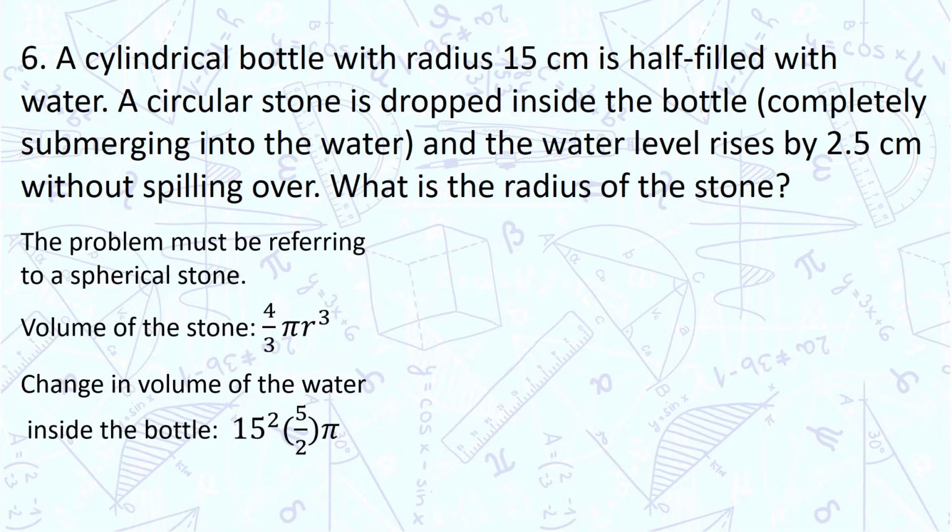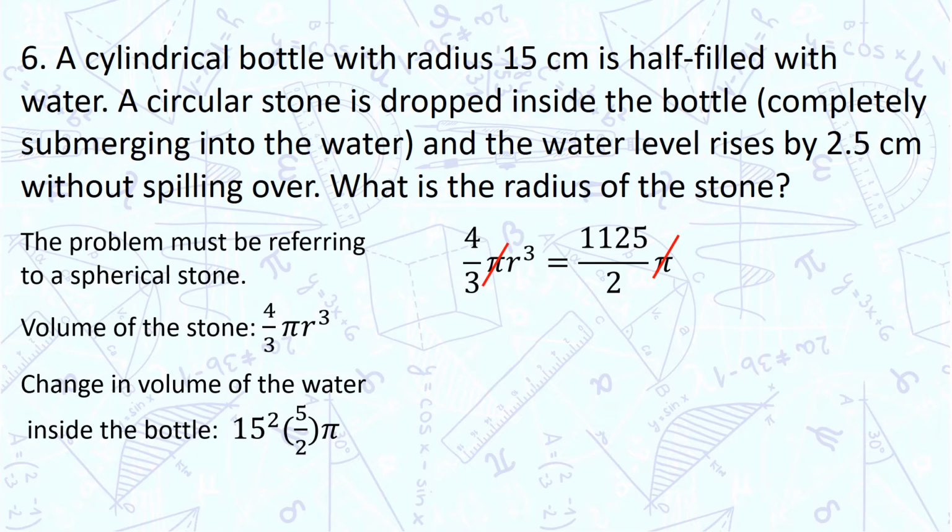According to Archimedes' experiment, the volume of the stone must be equal to the volume of the water that will be displaced. So we equate 4/3 pi r cubed is equal to 15 squared is 225 times 5, 1125 over 2 pi. Pi cancels, dividing both sides by pi.